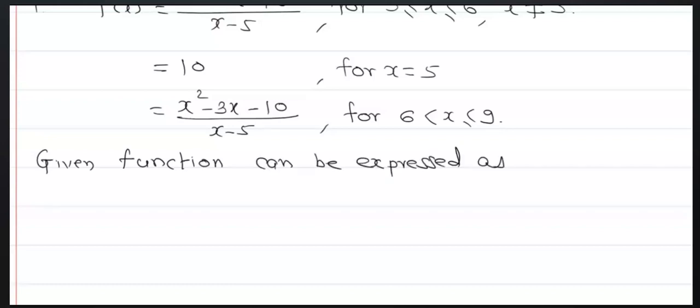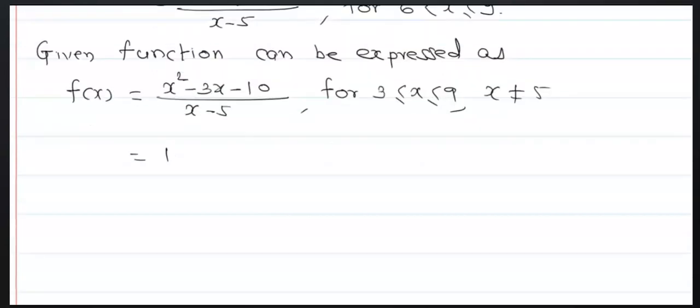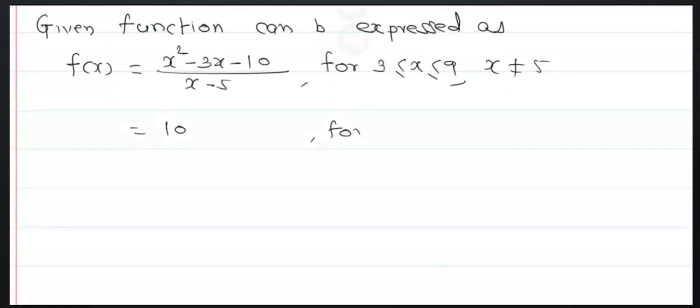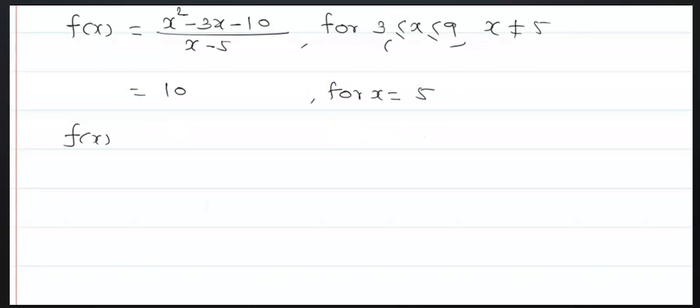Now the given function can be expressed as f of x is equal to x square minus 3x minus 10 upon x minus 5 for the values of x, x is not equal to 5.